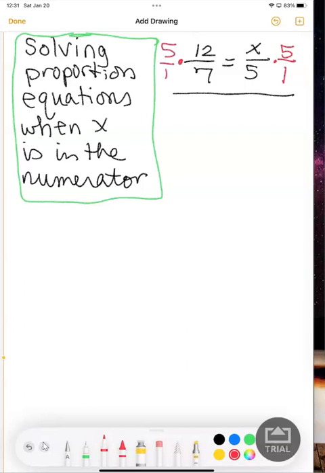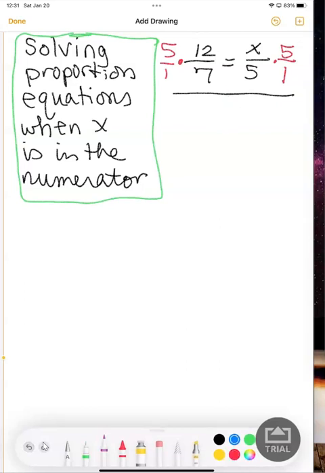So I multiply the right-hand side by 5, so I have to multiply the left-hand side by 5. Notice I put it over 1. 5 divided by 1 is 5. It's a nice way to do it in case you struggle with fractions. You're like, wait, what am I doing? And I've seen students, if you just write the 5, multiply by 5, people multiply the top by 5 and the bottom by 5, and that's going to give you the wrong answer.